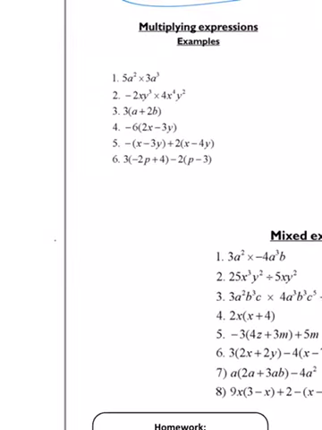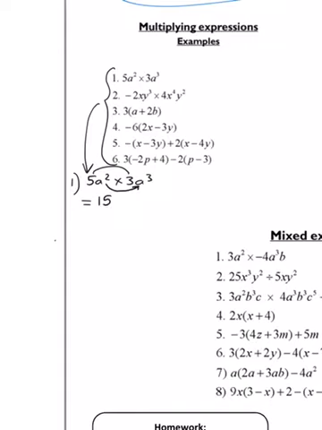All right, so then for these next examples, I'm just going to do them underneath. So 5a squared times 3a cubed. We multiply numbers to numbers, and when we're multiplying the same base with variables, we add their exponents.